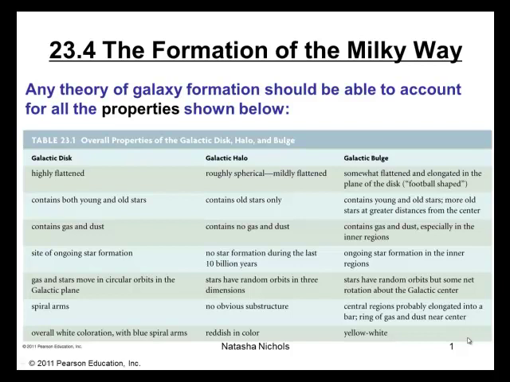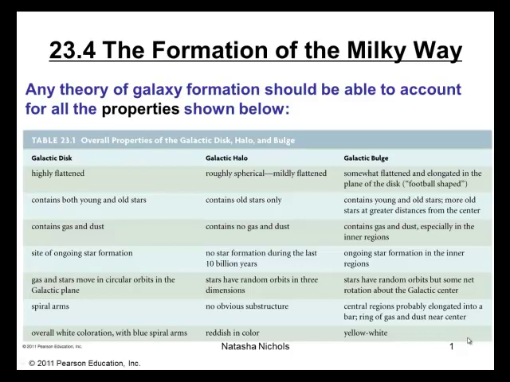The galactic disk has spiral arms. It has an overall white coloration with bluish spiral arms, and gas and stars move in circular orbits in the galactic plane. The galactic halo has no obvious substructure. It is reddish in color, and the stars there have random orbits in 3 dimensions.